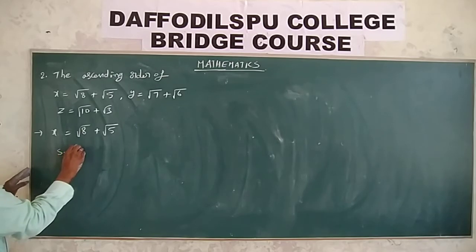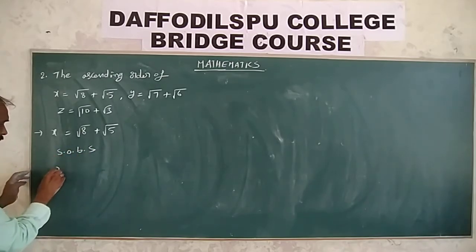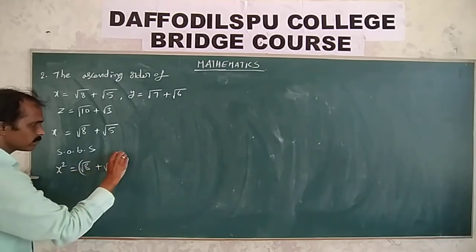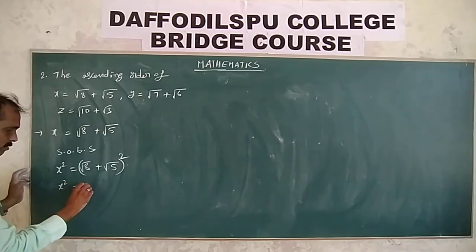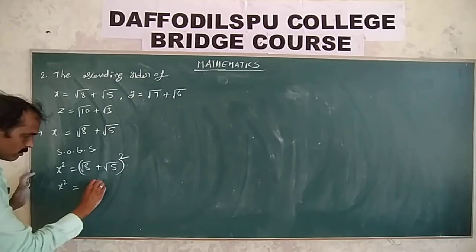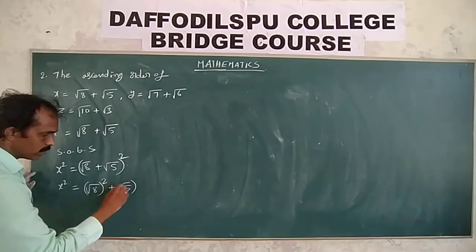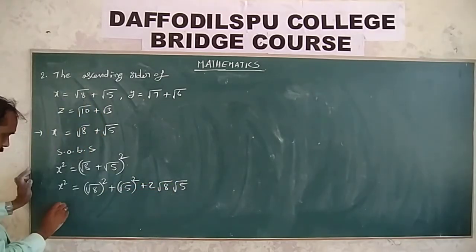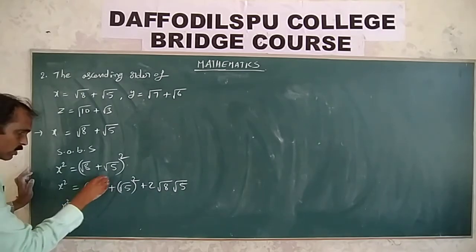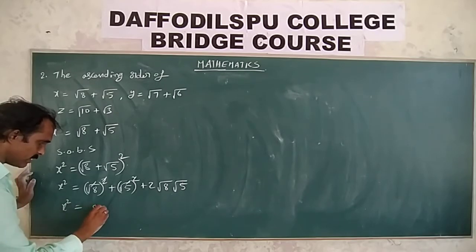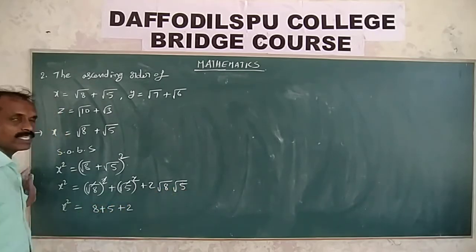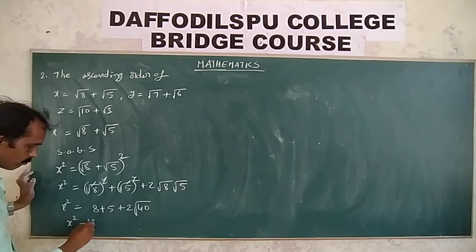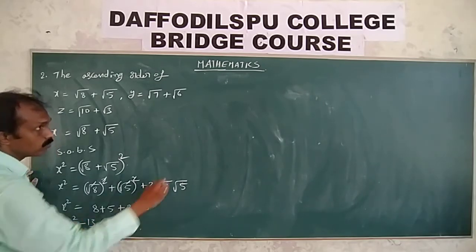So squaring on both sides. x square is root 8 plus root 5 whole square. a plus b whole square is a square plus b square plus 2ab. x square is 8 plus 5 plus 2 root 40. x square minus 13 is equal to 2 root 40.